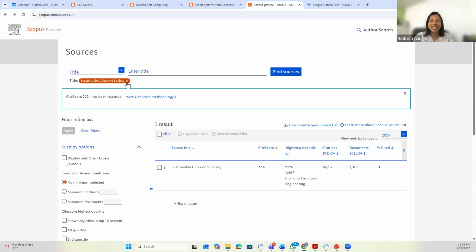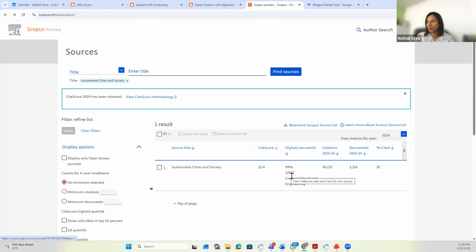Similarly, if you change the area to medicine or science, this is very low. Why? Because in medicine and science, the CiteScores are above 100 for the high or top impact journals. But this is a really good CiteScore in the engineering and computing domain.